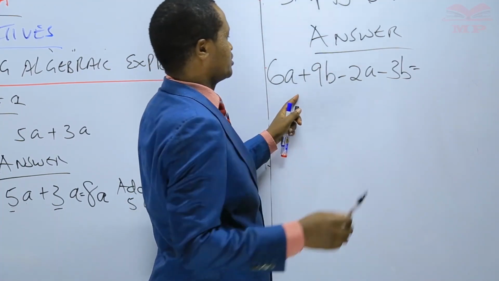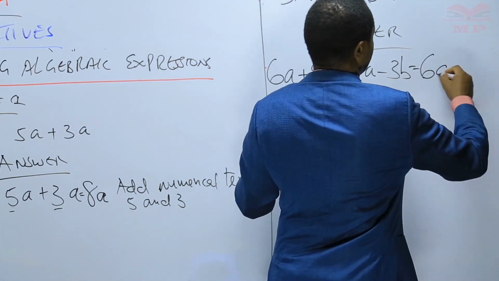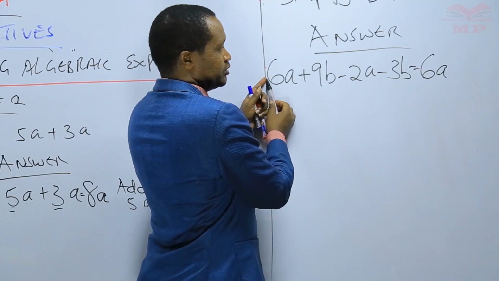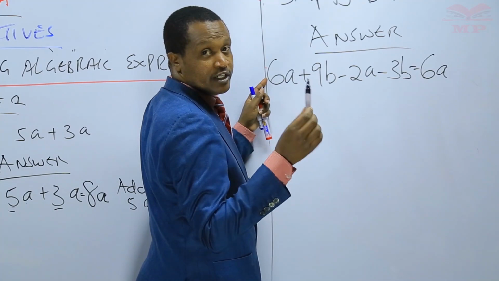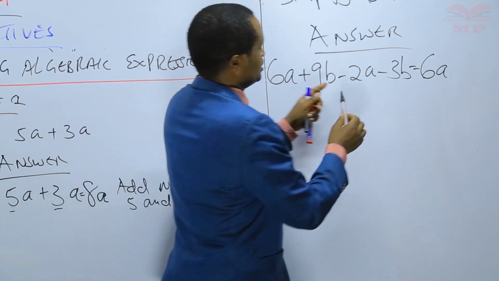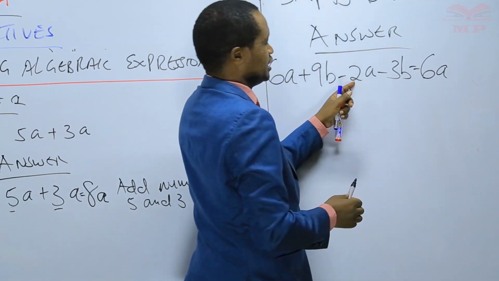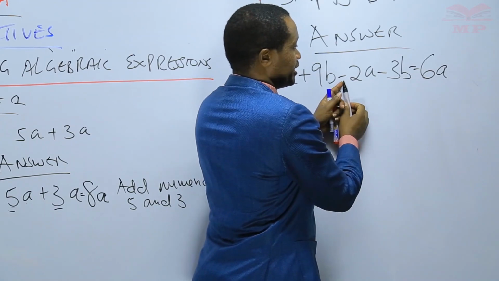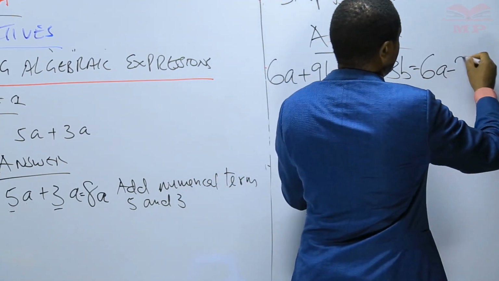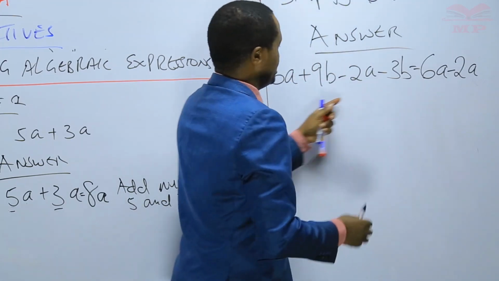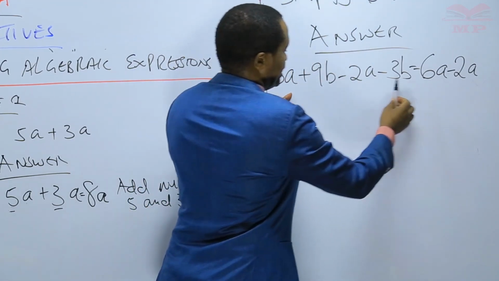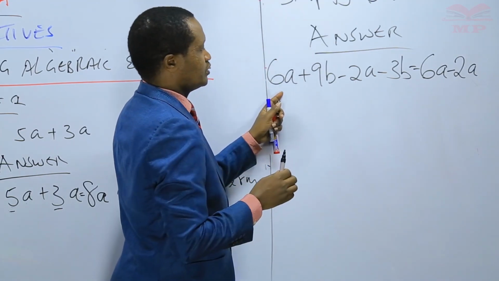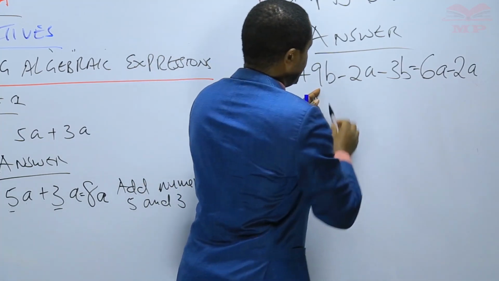Collecting like terms. We will take 6a, and this 6a has a positive. We look for any other term that has a, and this is 2a. The sign appearing before 2a is a negative, or minus. So we'll write minus 2a. Then check, do we have any other term like 6a and 2a? No. We move on to the other category, which is 9b.